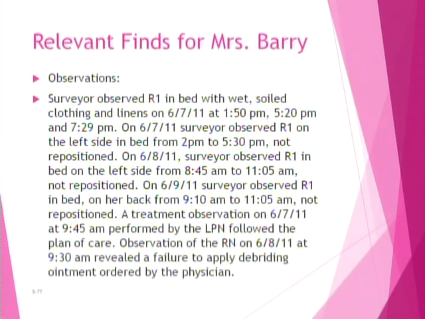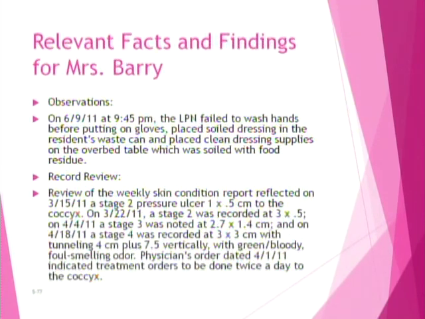So we start out with our observations. We see then that an LPN failed to wash hands before putting gloves on and placed the soiled dressing in the resident's waste can and placed the clean dressing on the overbed table that was soiled with food residue. We look at the record and we see then what happened for the stage 2 pressure ulcer, and we see the changes.